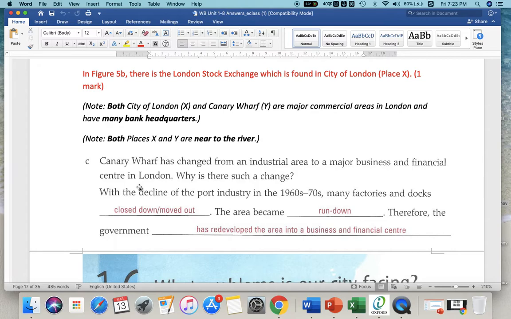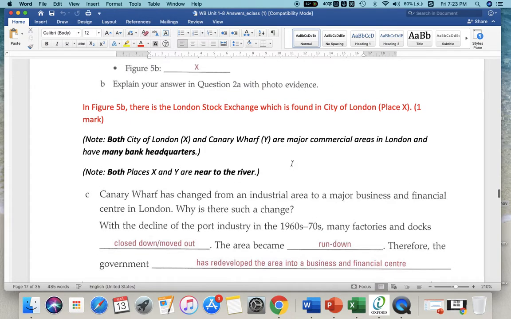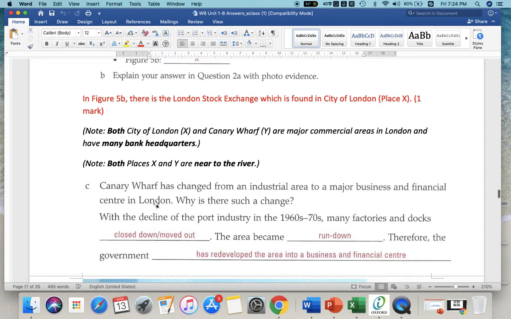All right. So if you don't understand, you could read the PowerPoint again and also the YouTube videos that we have chosen for you to get more information. For the Canary Wharf, we have attached 2 YouTube videos for you to watch for more information about the place.